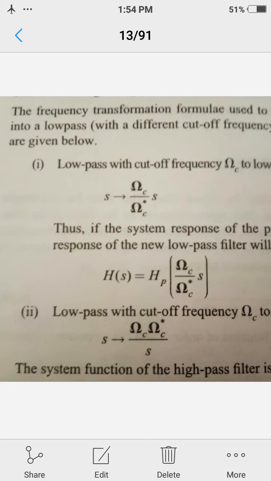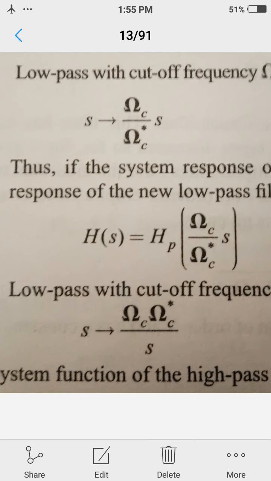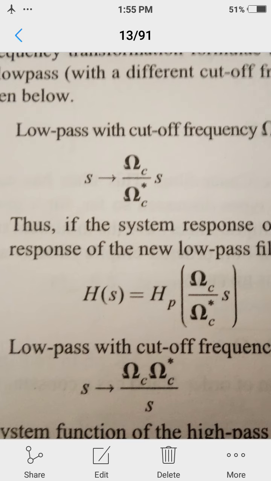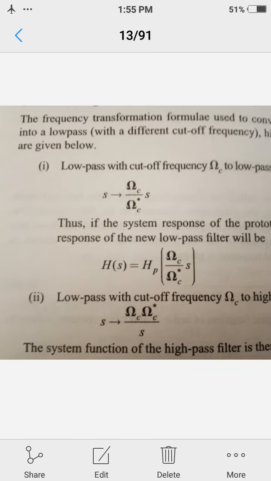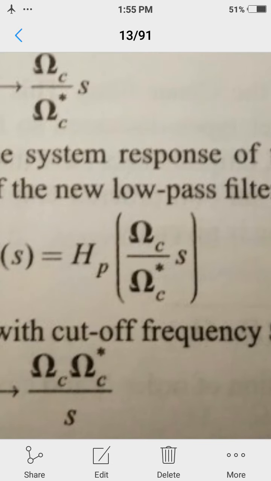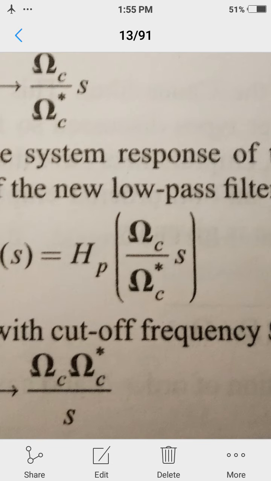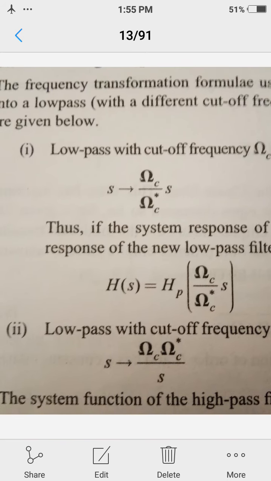Then the condition: if a low pass filter with cutoff frequency Ωc is to be converted to a high pass filter with cutoff frequency Ωc', then s tends to Ωc Ωc'/s, and the system function will become H(s) equal to HP(Ωc'/s). This will be the system function.